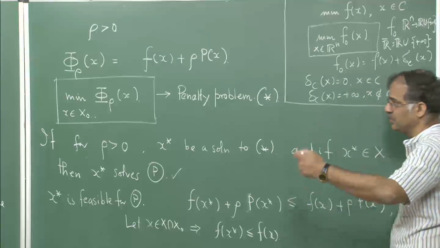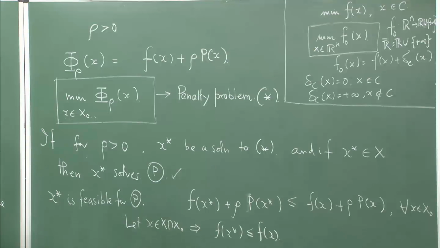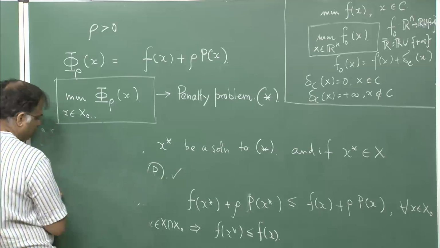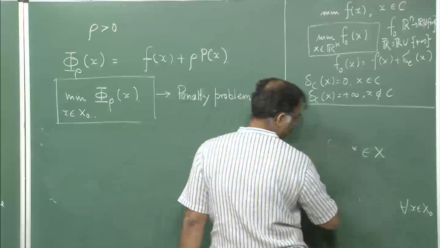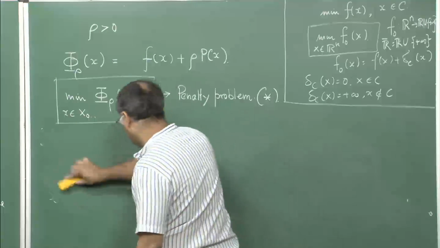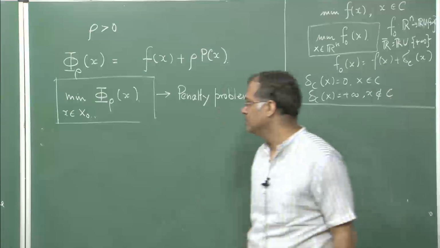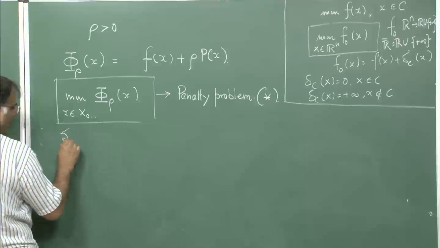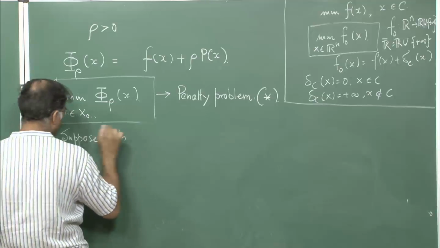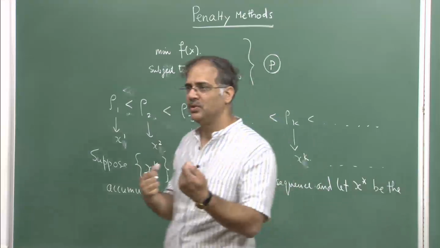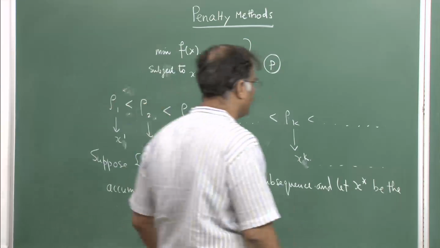Here you are trying to construct a solution, but somebody has given you prior information that the original problem has a solution. For example, the original problem could be a linear programming problem or quadratic programming problem, and there are certain ways to know that they have a solution. Suppose it is given that P has a solution. It is only known that P has a solution, nobody knows what the solution is. So, the penalty method is trying to construct that solution at least approximately.